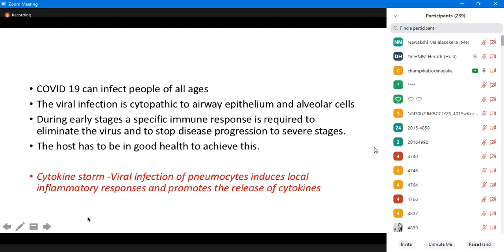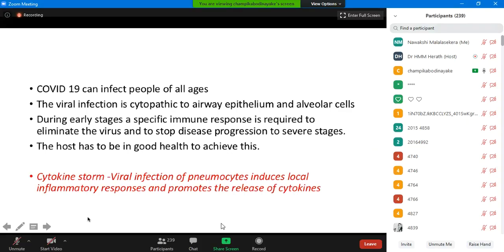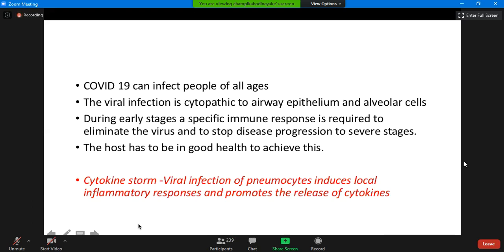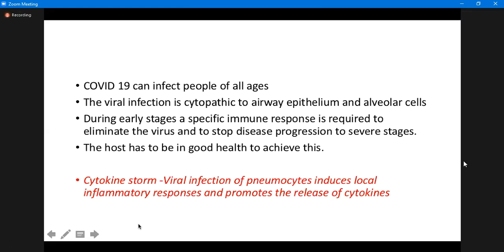The unusual component of COVID-19 pathology is that with the infection, the pneumocytes will secrete certain chemokines, or cytokines in other words, which will recruit more and more white cells, which will be a little misdirected or dysregulated, and they will kill more. So that is how the severe disease happens.